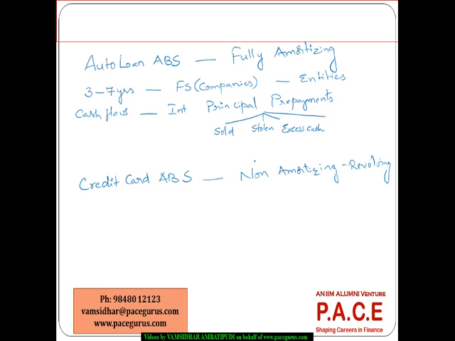So even if I have some amount of cash with me, I can use it very well to pay off my loan. Because of this, prepayments are much more common in automobile loans, which means these things need to be taken care of while structuring the ABS product.